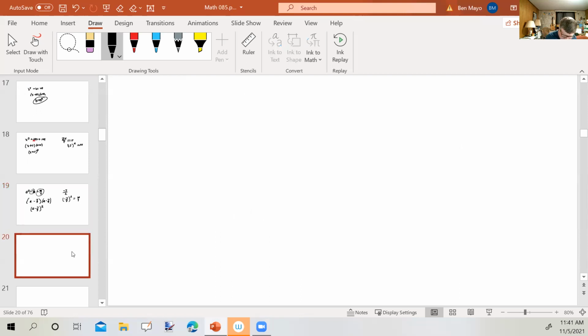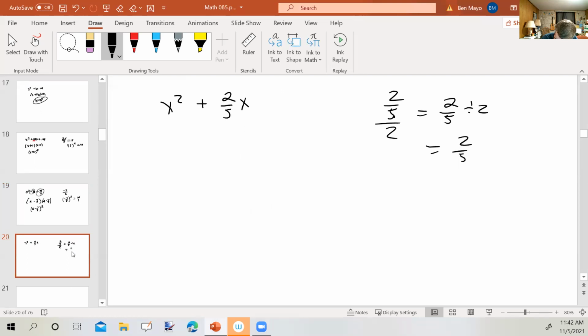Okay, let's take a look at one more of these. Let's say I've got this x squared plus 2/5 x. Well, now things get a little bit trickier because 2/5 divided by 2 is 2/5 times the reciprocal 1/2, which reduces down to 1/5.